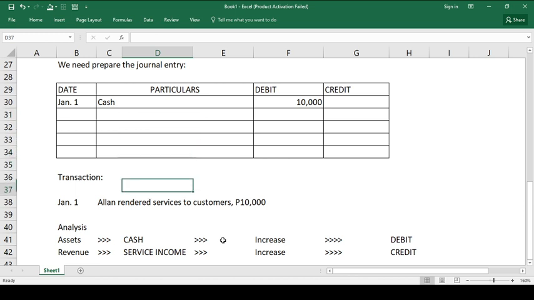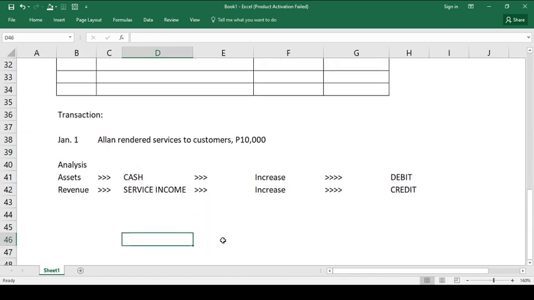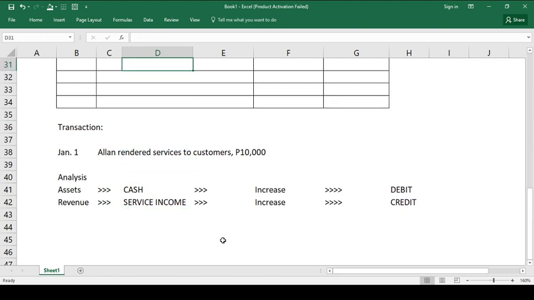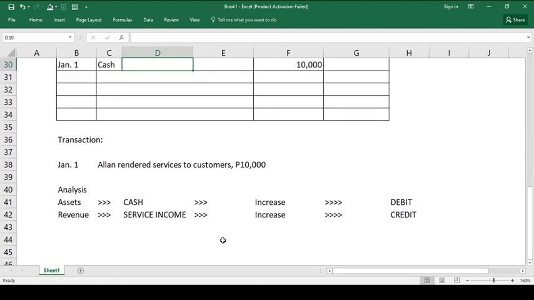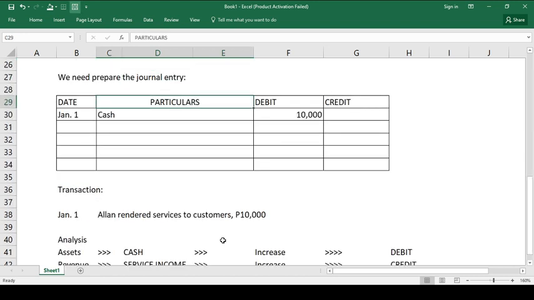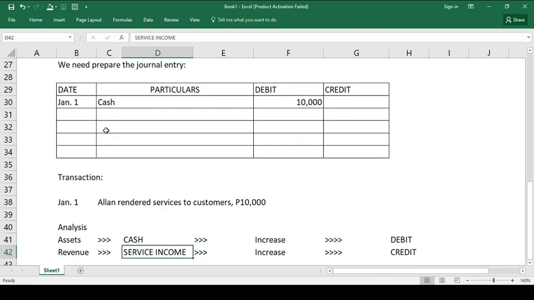The next one is we have the credit, sir. Paano po naman po yung credit? Ito po gagawin sa credit. For the credit, guys, i-indent po natin yon. We have an indentation. Remember, the credit is the element revenue with the account title service income.